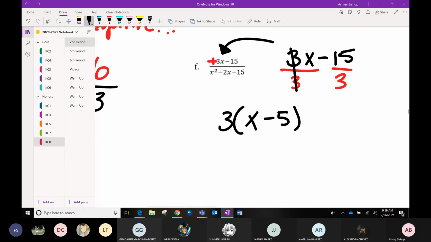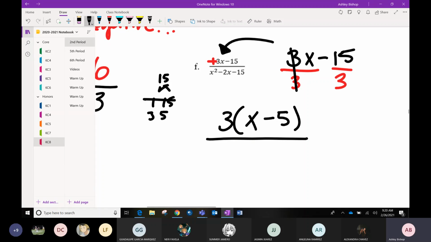Okay. Divided by, now I need to factor the bottom. I want to find the factors of 15 that add to 2, or -2. So factors of 15 are 1 and 15. Oops, that's not how that works. 1 and 15, 3 and 5.